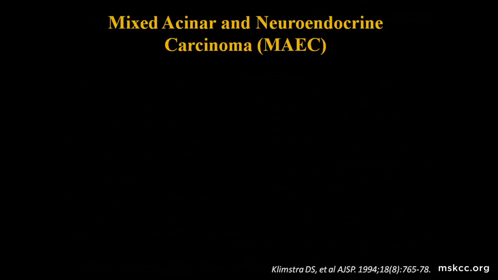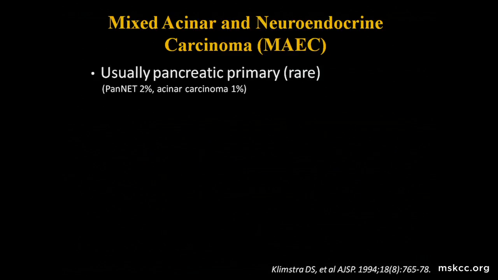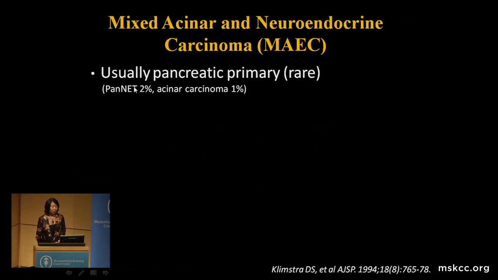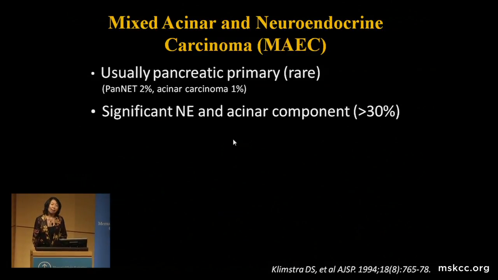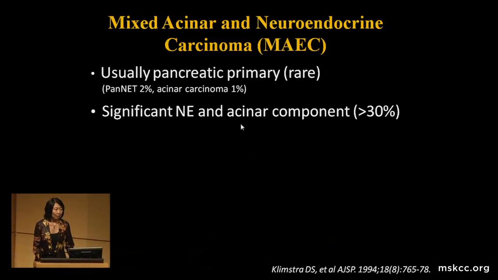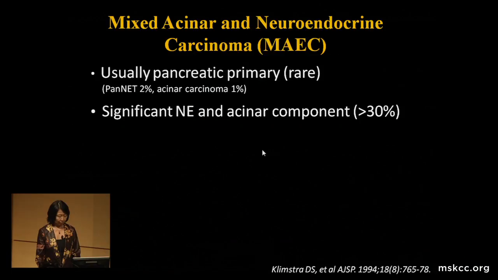It's extremely unusual: a pure neuroendocrine tumor in the pancreas is only 2%, and acinar is even less. So the combined phenotype is much less than 1%. And you must have at least more than 30% of each component.